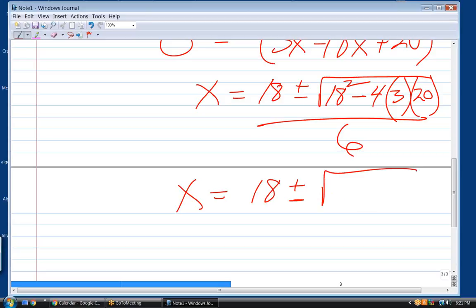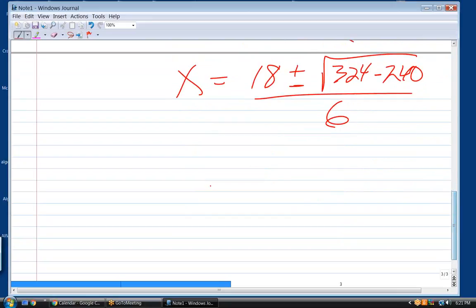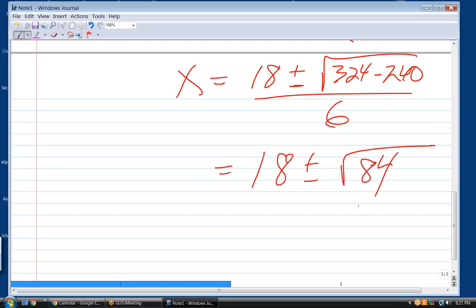So we have the square root of 324 minus 240, all over 6. It's not going to be too bad. 18 plus or minus the square root of 84, all over 6.